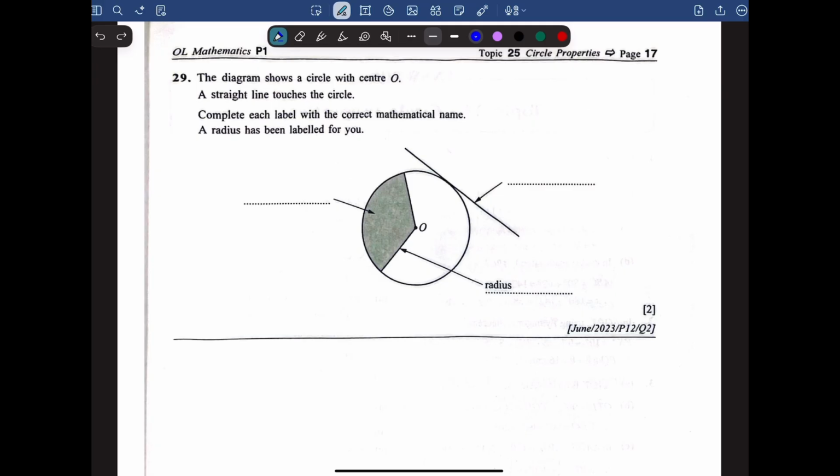I have a video especially focusing on these key terms, so if you have any confusions, please have a look at it. A line touching the circle is known as a tangent. And this shaded region is known as the sector. Minor sector, to be precise.